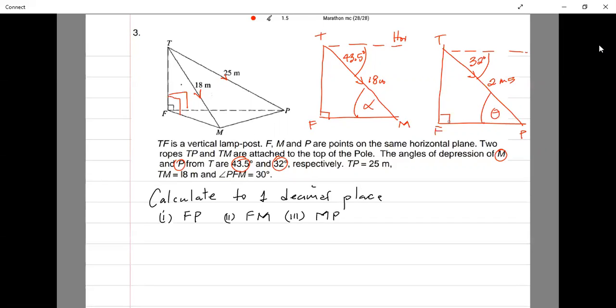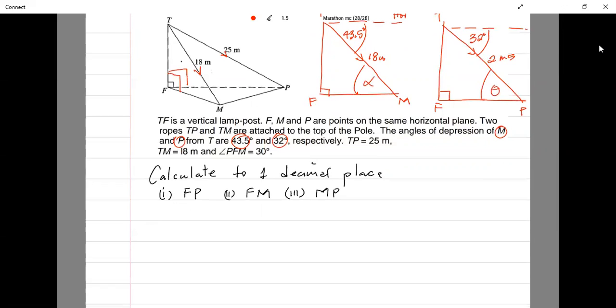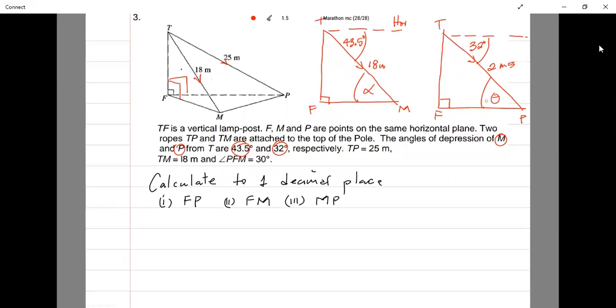Now, the first thing I have to tell the examiner is that this angle theta here is also equal to 32 degrees. They are alternate angles. He wants me to find FP. I'm going to call it X. This is adjacent. This is hypotenuse.